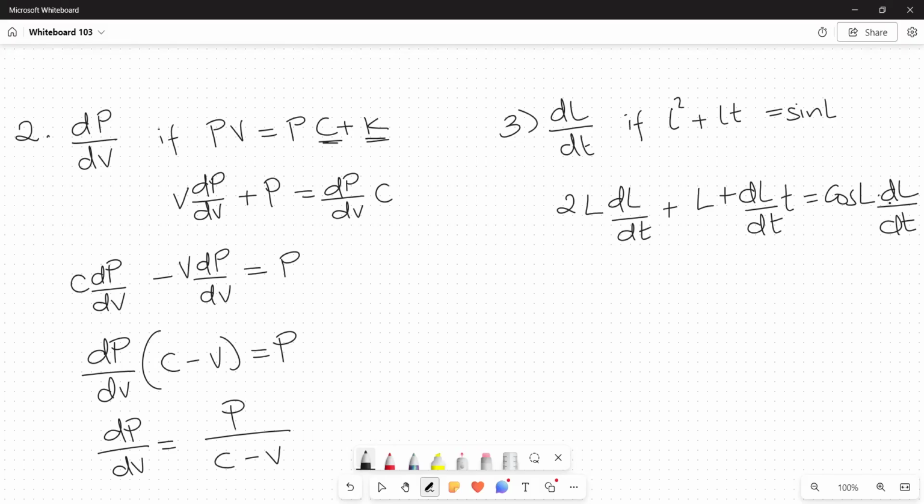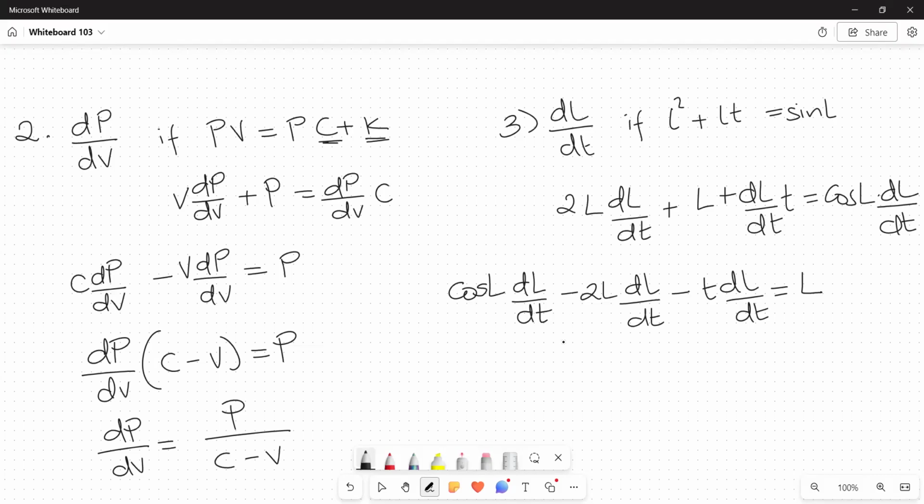This has dL/dt, so everything can go that side. I have cos L dL/dt minus 2L dL/dt minus T dL/dt. This is equal to L. So this one goes that side, becomes negative.